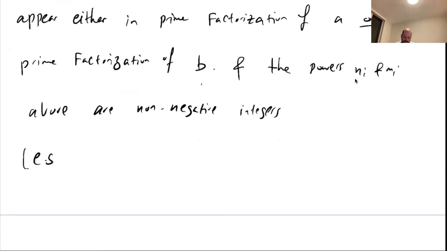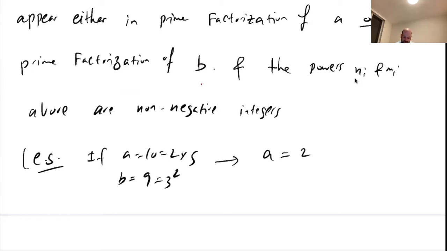Let me just give you this example so that when you read it, you understand better that, for example, if A is 10, which is 2 times 5, B is 9, which is 3 to the power 2, then I can say A is 2 times 5 times 3 to the power 0. B is 2 to the power 0 times 5 to the power 0 times 3 to the power 2. So this is like my P1, this is my P2, and this is my P3.